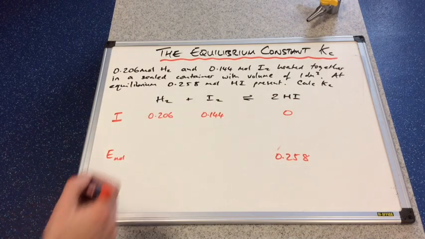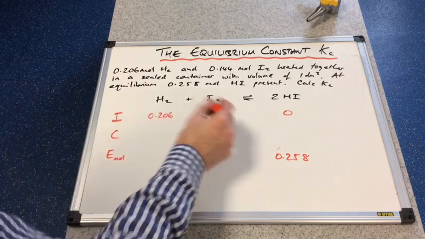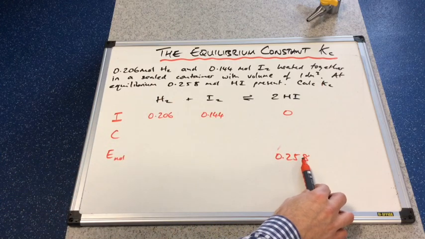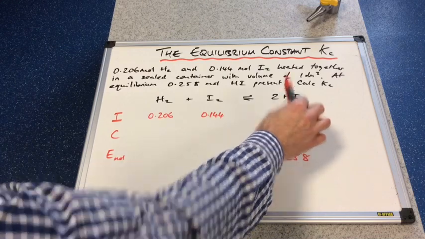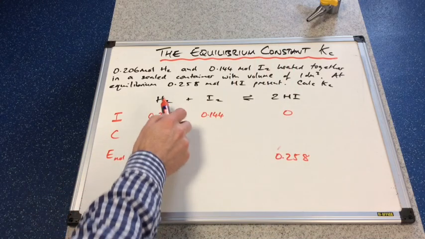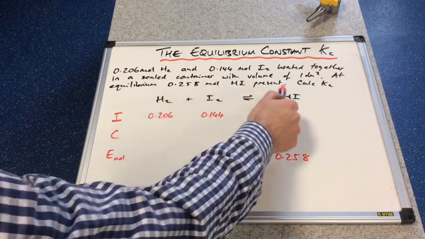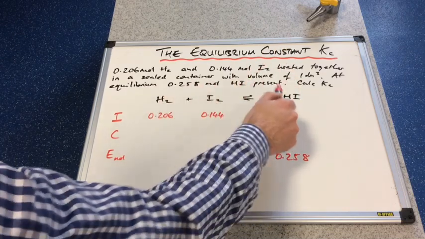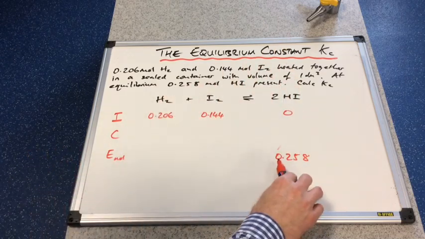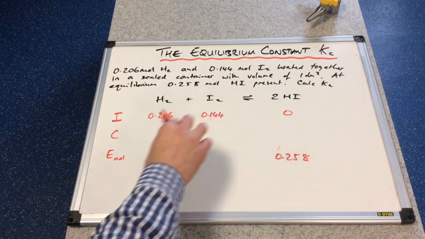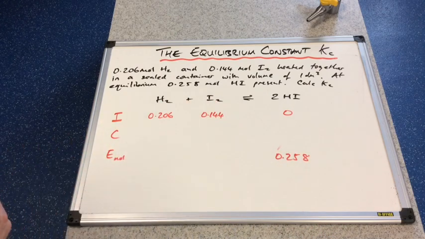So, how have these changed? Well, if we look at that, 0.258 HI, well, they've come from these, and the mole ratio of H2 to HI is 1 to 2. So to produce that many moles of HI, half as many moles of H2 needs to react.